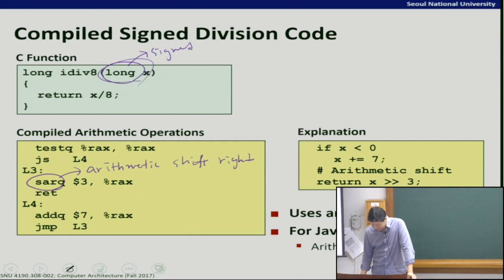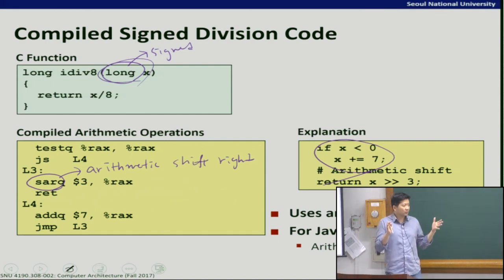we do some fix, adding 7 if the value is less than 0. We do this because for positive numbers, you can simply shift right by 3, and that's good enough. But for negative numbers, we have to do some adjustment because we want to make sure that the remainder is always positive.